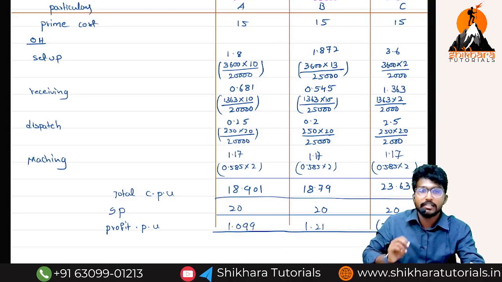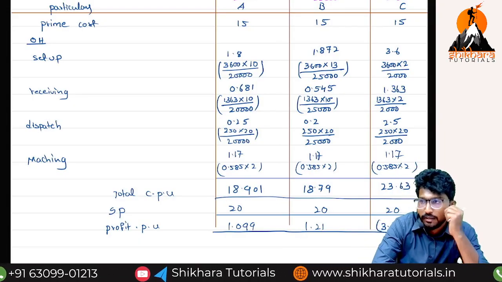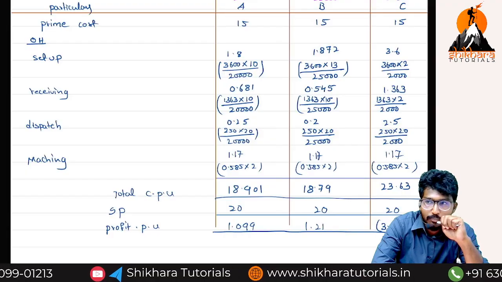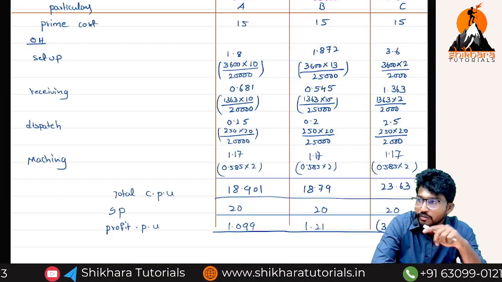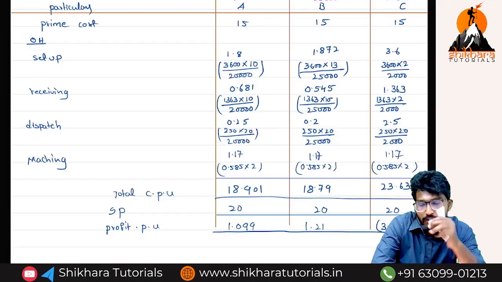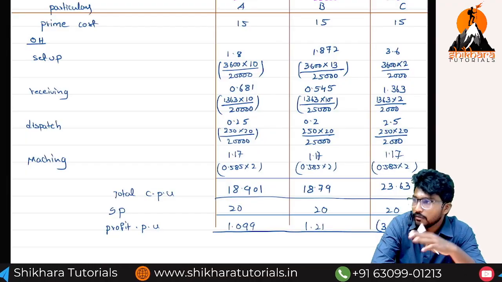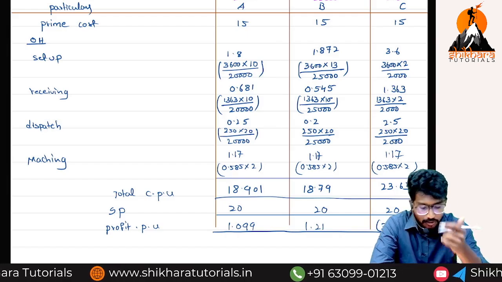As per traditional costing system, which product is loss making product? A. As per activity based costing system, which product is loss making product? If you go with the traditional costing method, which product will you discontinue? A product. Why? Because it is a loss making product. If you discontinue that product, you will save a loss of how much?